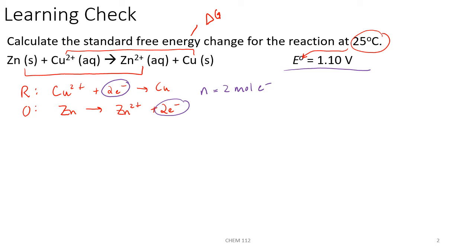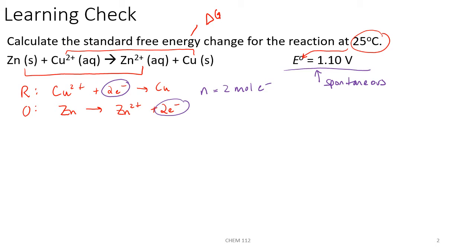But in this problem, the E cell was given to us for this reaction, a positive 1.10 volts. So this reaction should be spontaneous. We have a positive E cell. That tells us we should expect a negative delta G when all is said and done. It's good to think about what you should expect before you even get that.